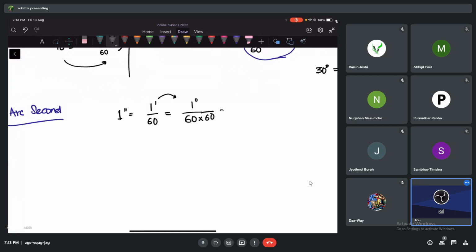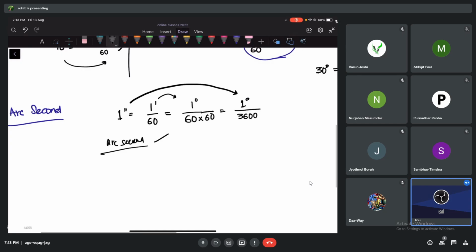Therefore, if I take 1 degree and divide it into 3600 parts, one part of that is known as 1 arc second. I think so far we are doing fine, right? This is how we talk about angles.